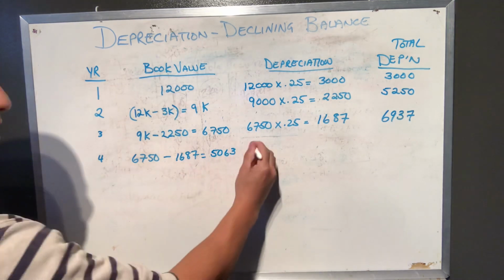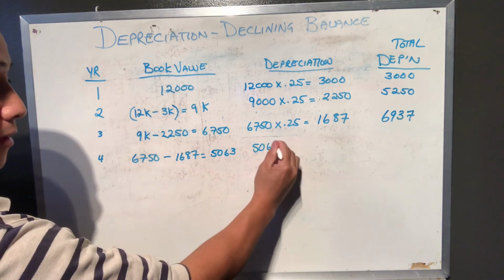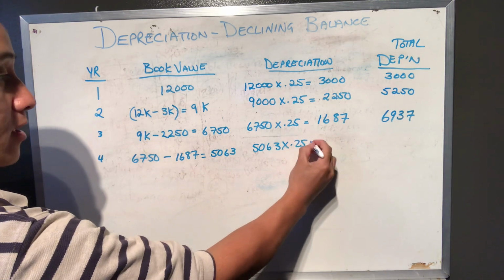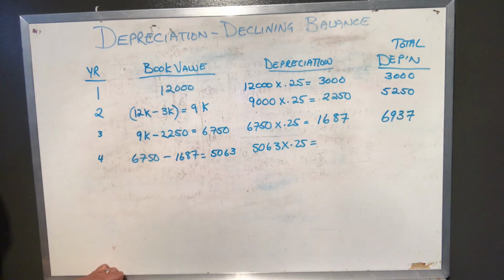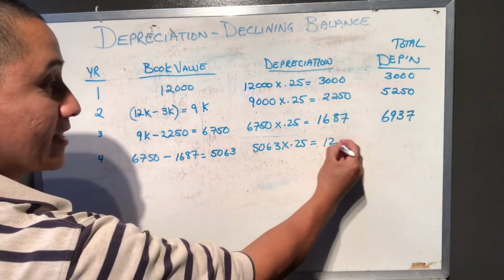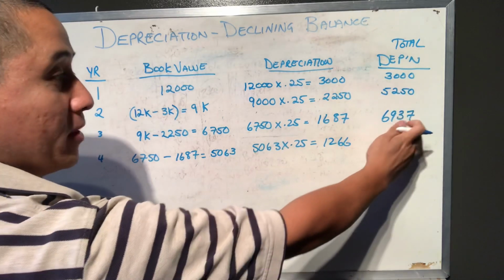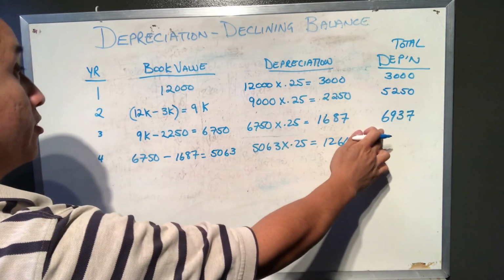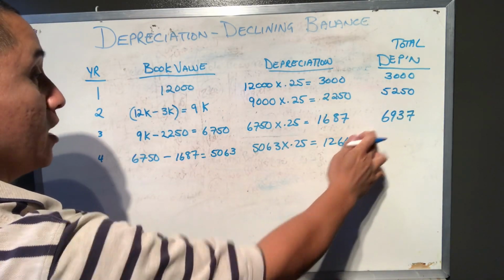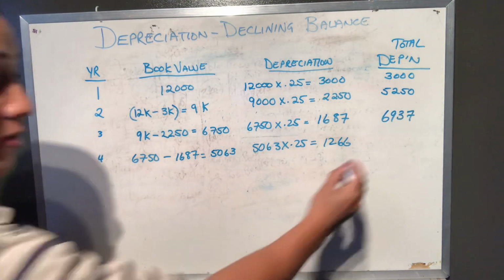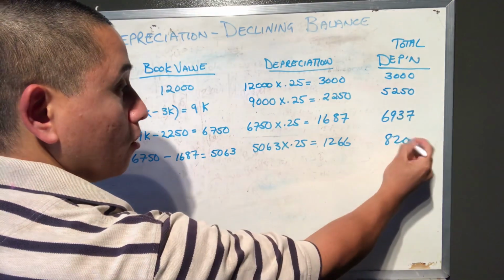So this $5,063 for year 4, if we apply the depreciation rate, will give us $1,266. And again, the total depreciation will be the sum of the total at the end of year 3 plus the new one for year 4. So that will give us $8,203.